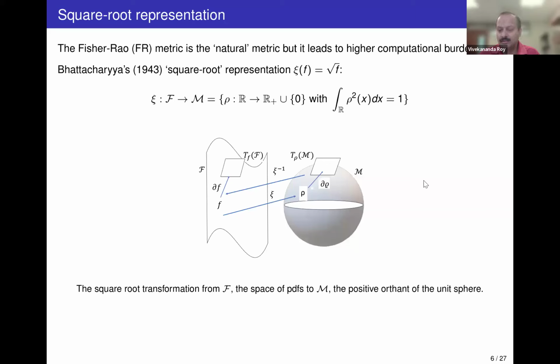So I'm going to consider an approach which I think in statistics was first used by Bhattacharyya in his 1943 paper, known as the square root transformation. If you take the square root transformation of the densities, then the transformed space, an L2 space, is simply a positive octant of the unit sphere.